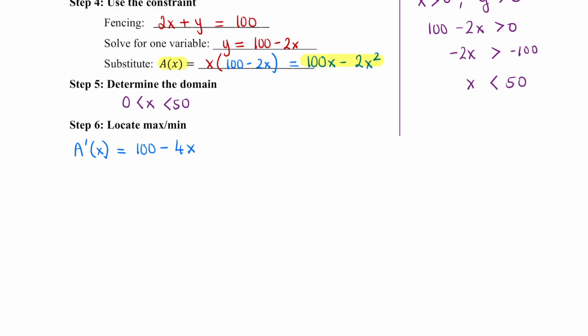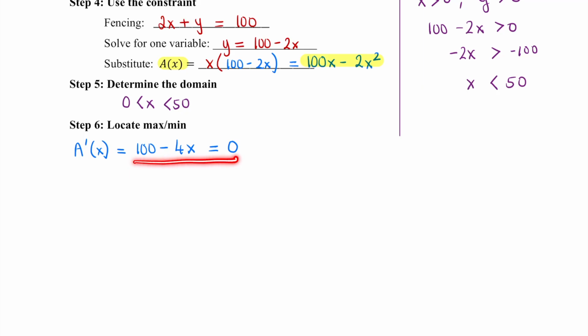Now, let's find the critical numbers. Critical numbers are the numbers in the domain that make the derivative equal 0 or undefined. The derivative is a polynomial, so it will never be undefined. To find the critical numbers, I'll set this derivative equal to 0 and solve for x. So I have 100 minus 4x equals 0.